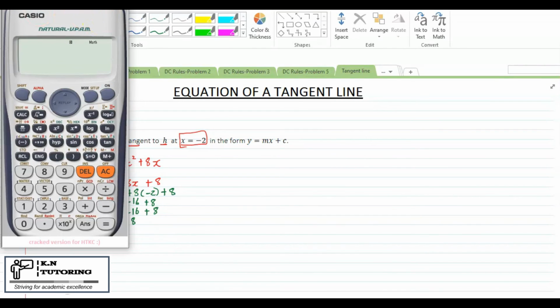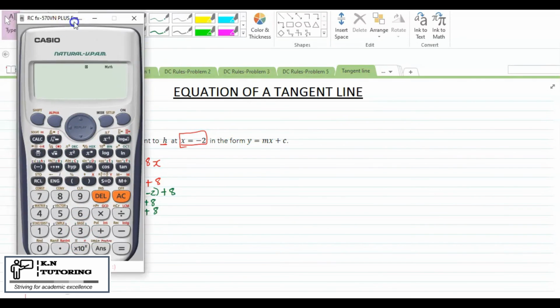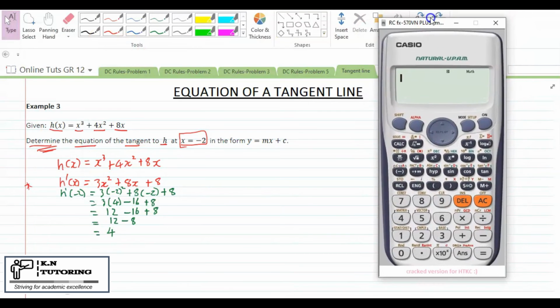So if I can just move this calculator. Okay, yes, that's what I wanted.